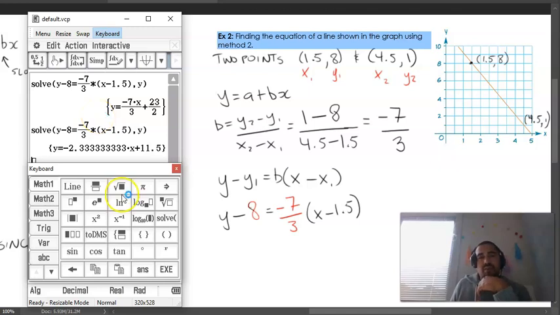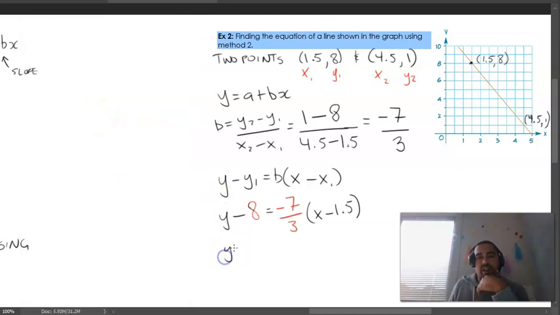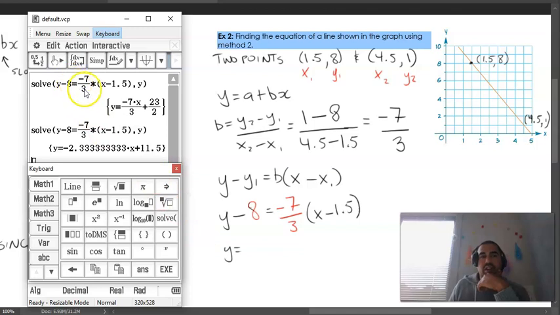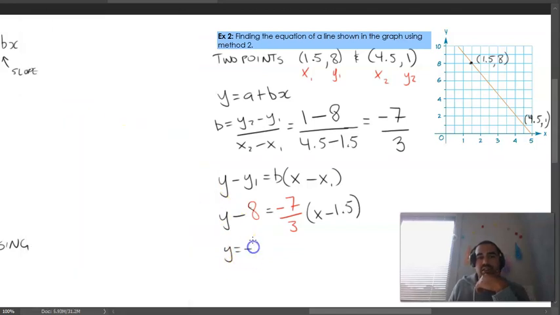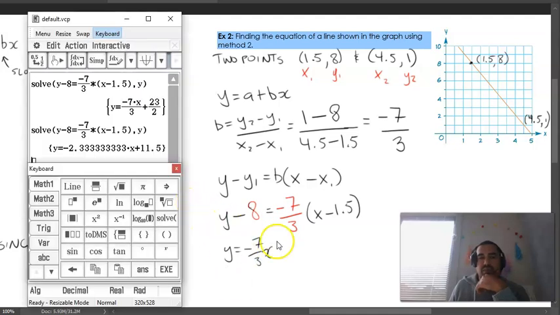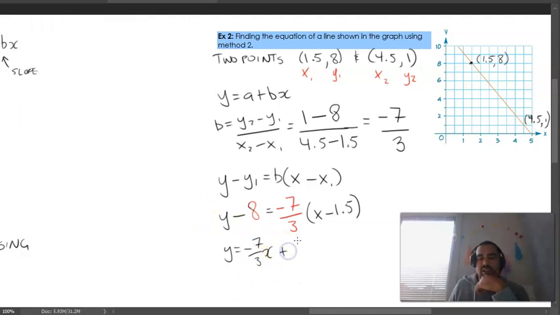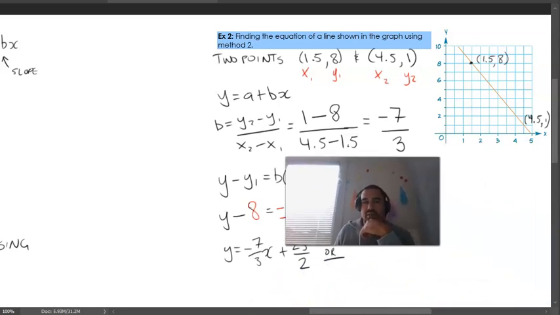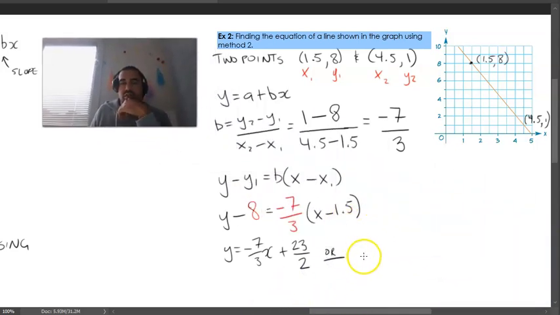So I'm going to write both answers there. Our y is going to equal negative 7 over 3 x plus 23 over 2, or if it asks you for decimal format, you will write this as y is equal to negative 2.33x plus 11.5.